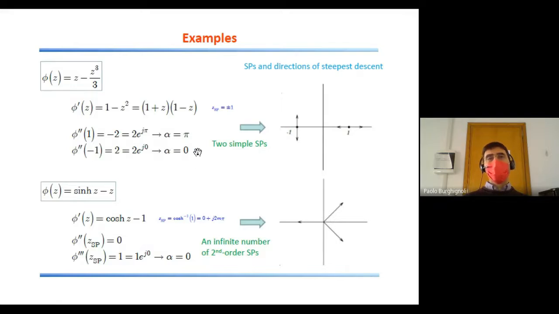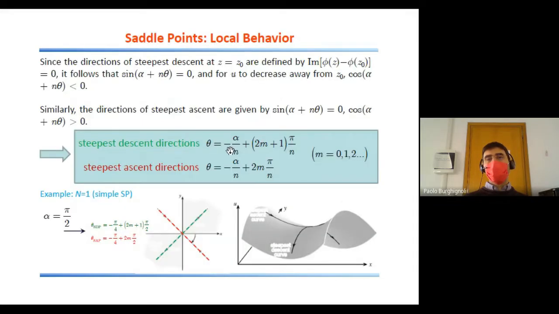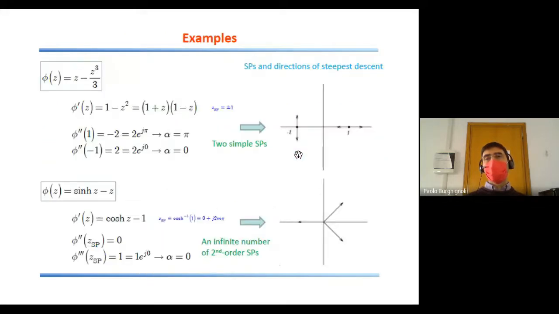For example, for the point 1, where alpha is equal to pi, we have to use this formula, minus alpha over n, which in this case is minus pi divided by 2, to which we have to add an odd multiple, again, of pi over 2. If we do that, we have that the directions are given by the angles 0 and pi.